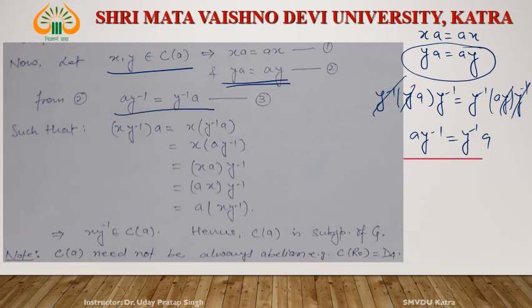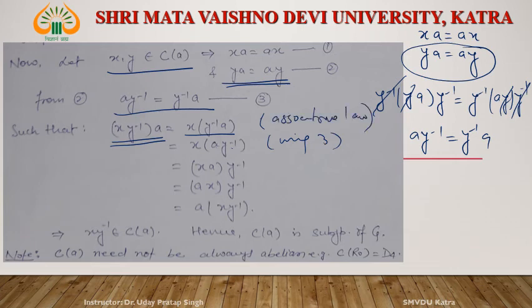Again, start from here. Assume xy inverse a. Apply the associative law. Since x, y inverse, a are all elements of group G, this can be written as x(ay inverse) by equation number 3, and this one is by the associative law.